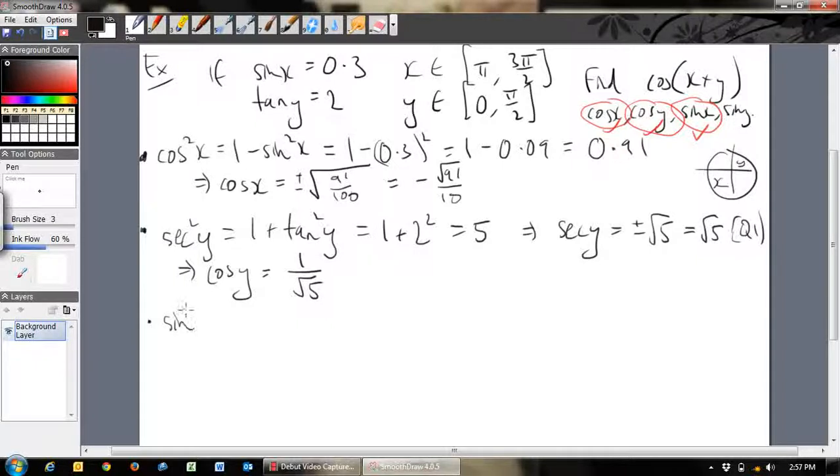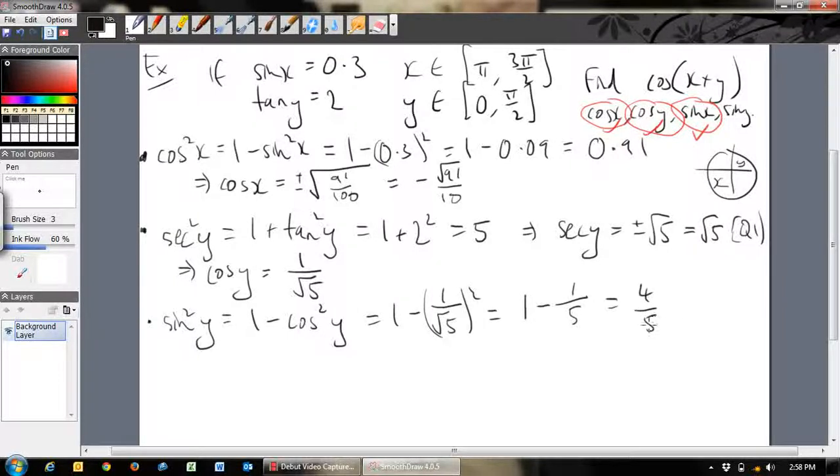Next, sine squared y is equal to 1 minus cos squared y, which is 1 minus 1 over root 5 squared. Sorry, horrible 2. So that's 1 minus 1 on 5, which is 4/5.